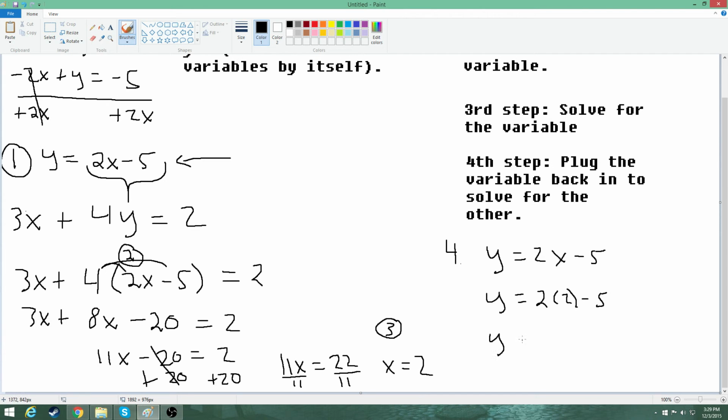And we get y equals 2 times 2 is 4 minus 5, or y equals negative 1. Okay. So when it's all said and done, our answer is going to be 2 comma negative 1. Because 2 is our x value right here, and negative 1 is our y value.